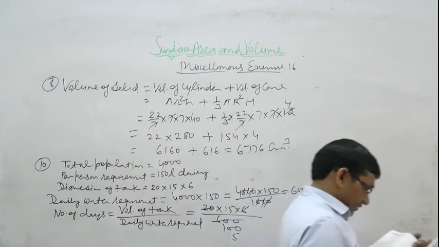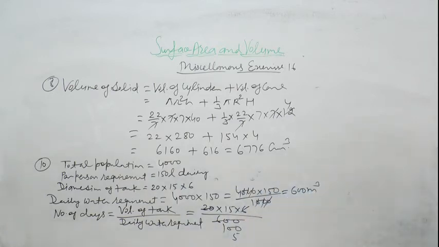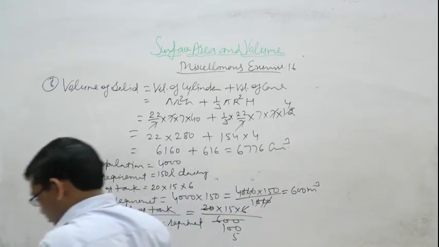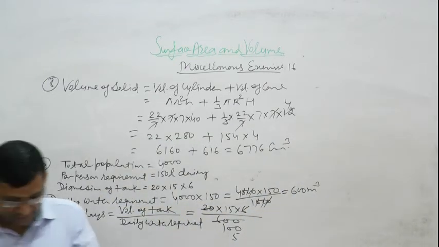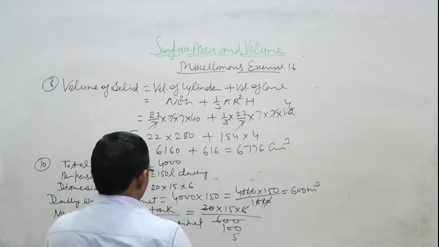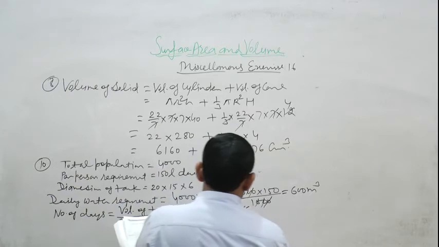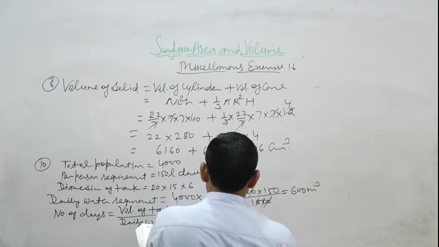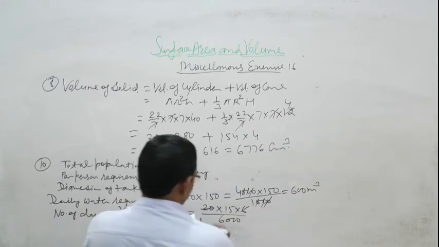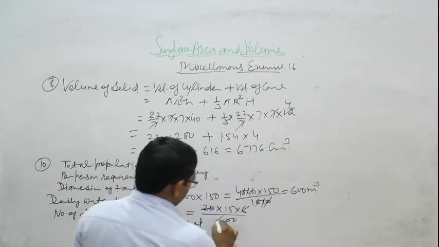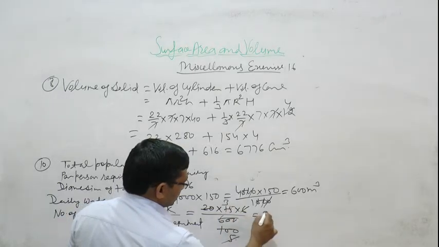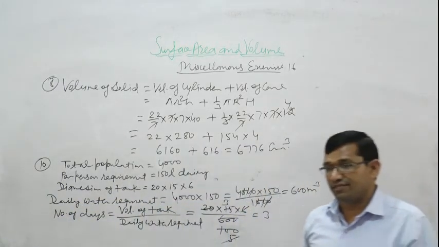So 20 multiply 15 multiply 6. Dimension of tanks are 20 multiply 15 multiply 6. So we get 1800. 6 we get 100, then 20 5 ja and 5 3 ja, we get 3.